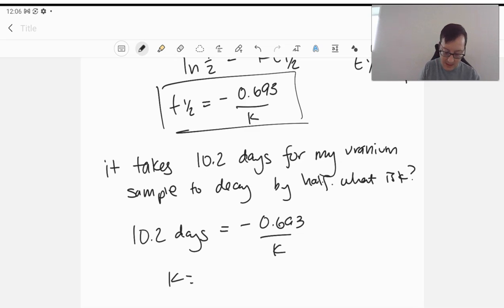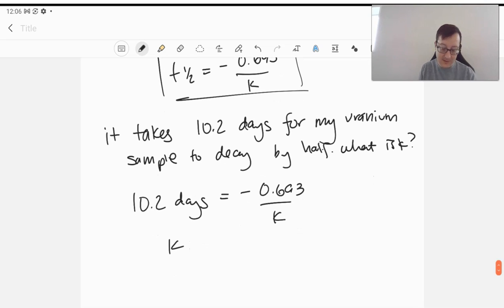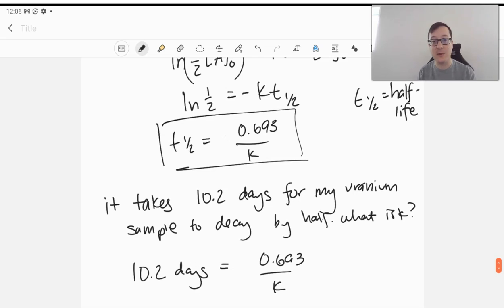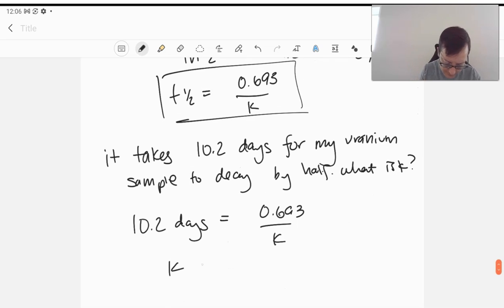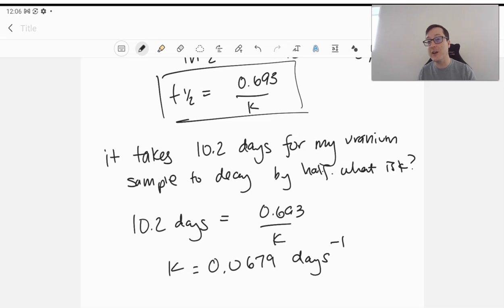I'm sorry, the negative shouldn't be there. I lied to you. The negative becomes a positive because the natural log of a half is a negative number, so that negative actually goes away. I was thinking k needs to be positive. Doing so, we get 0.0679. Interestingly enough, this will be inverse days.